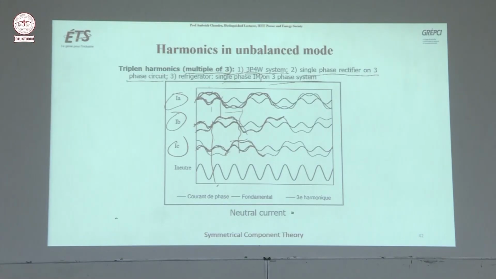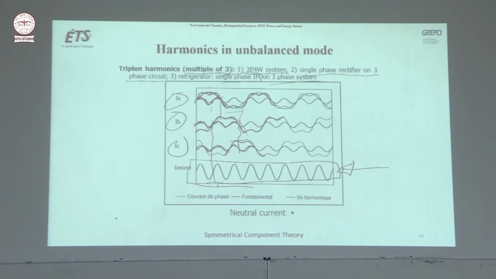So when they come to neutral, if currents IA, IB, IC are balanced 120 degrees apart, the sum will be 0. But if their third harmonics are coming to the neutral, they are the same magnitude and in the same phase also. So you will have the sum of IA3, IB3, IC3, and in the neutral you may have very high current.